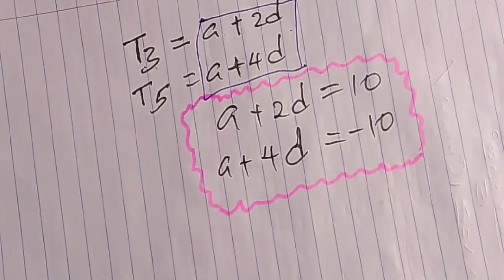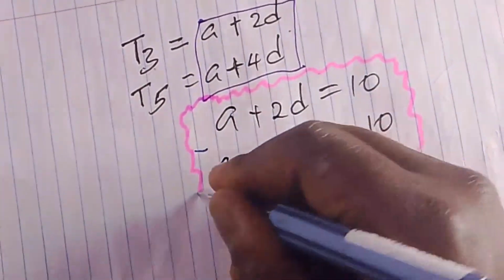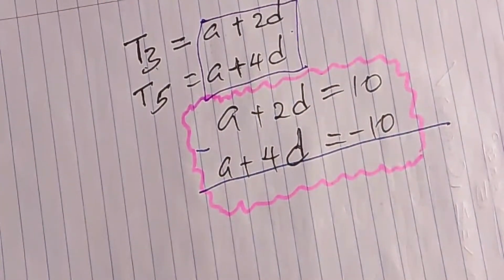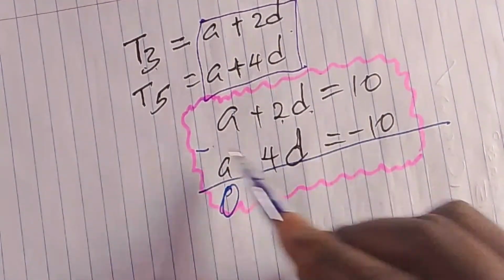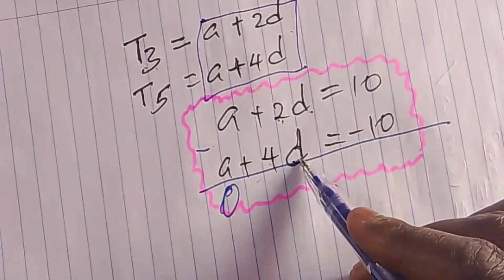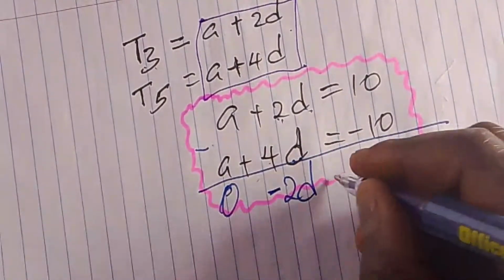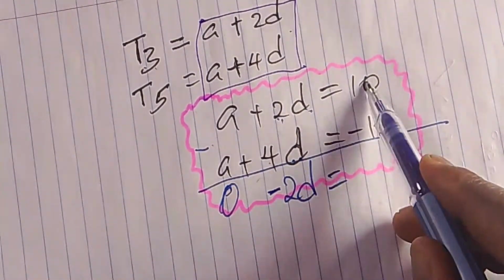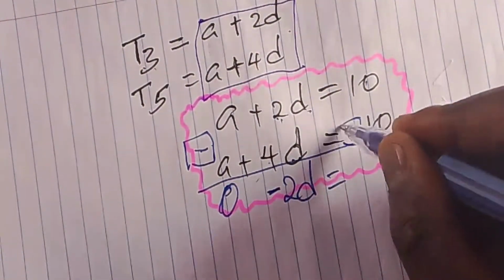Haya, tuendelee. A plus 2d ni 10 na a plus 4d ni 10. Hii ni linear equation. So kusolve hii ni mbio mbio. Already a na a ni a, so hakuna haja ya kumultiply juu na chini na 1 to subtract. A minus a ni 0. 2d minus 4d itakuwa negative 2d is equals to 10 minus minus 10.